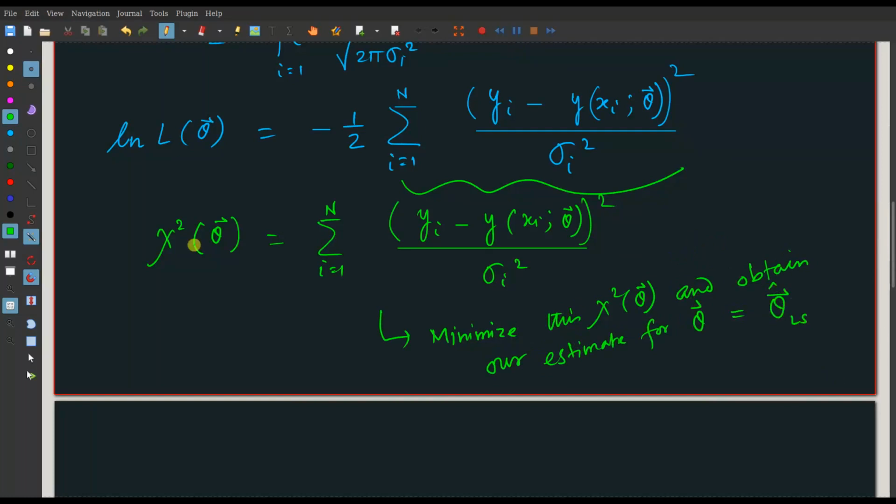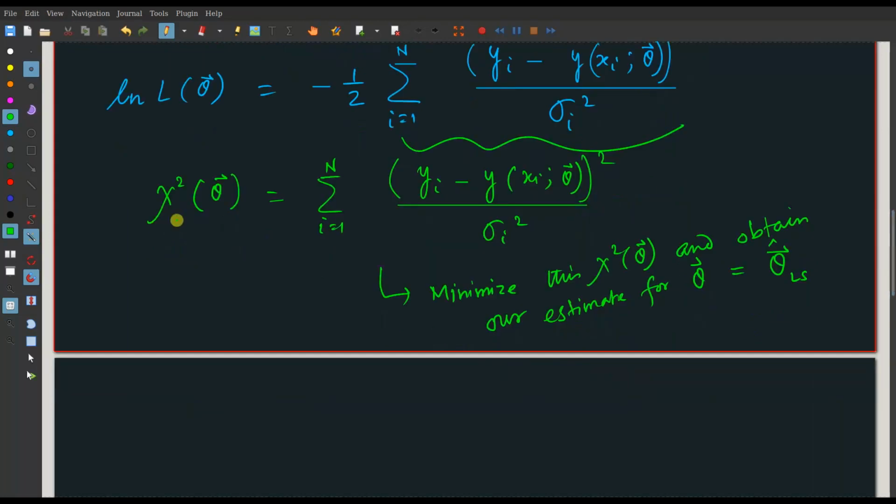You minimize this with respect to theta, and then you get the best value of the estimate. That's why it's called least square, because you are minimizing this thing. When it is the least, you take the values of the parameters to be your best fit value. So this is the least square method theoretically.